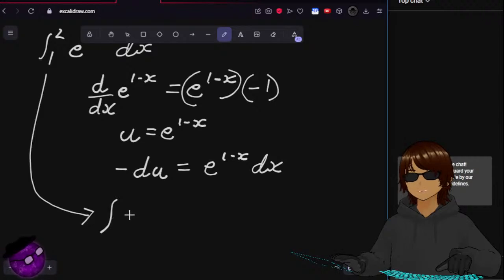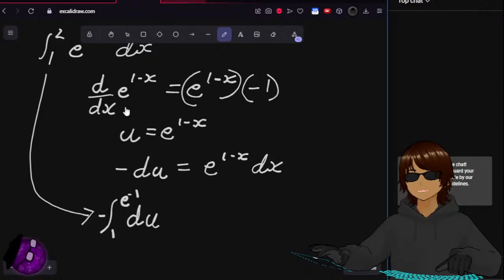So integral minus integral du. So if you put 2 here, 1 minus 2 is minus 1, e to the power of 1 minus 1, which is 0.